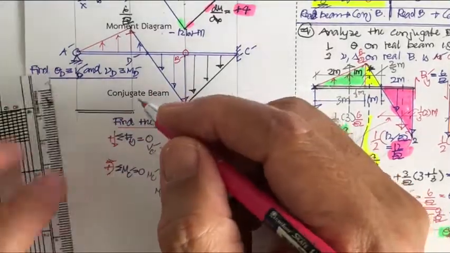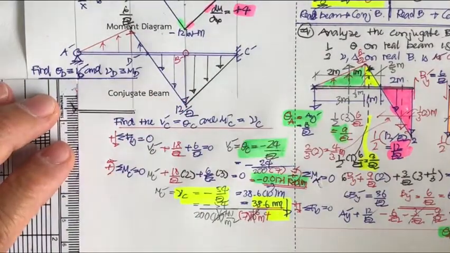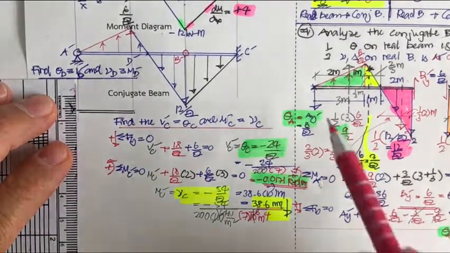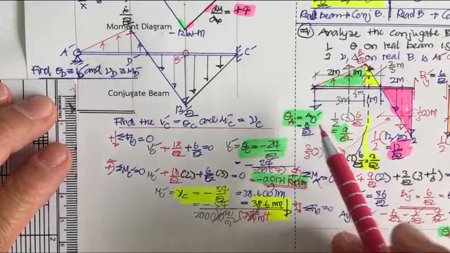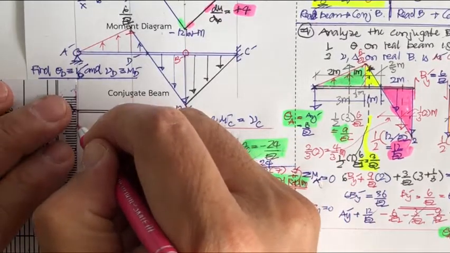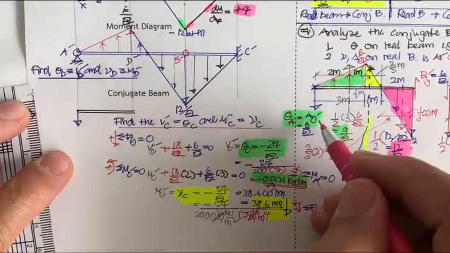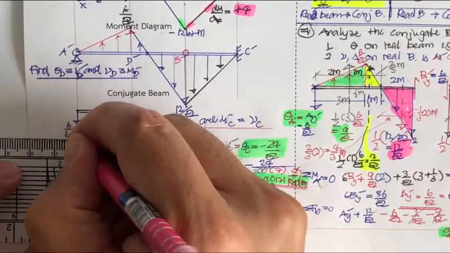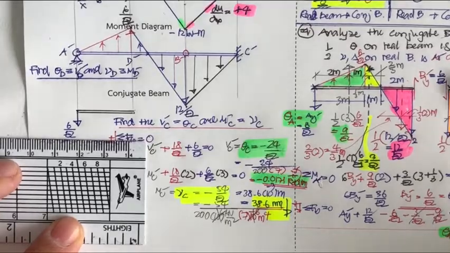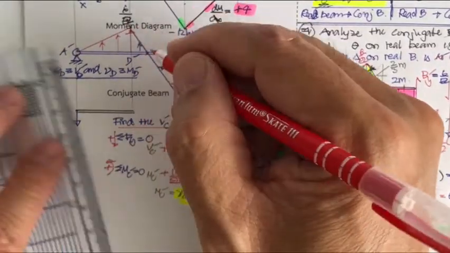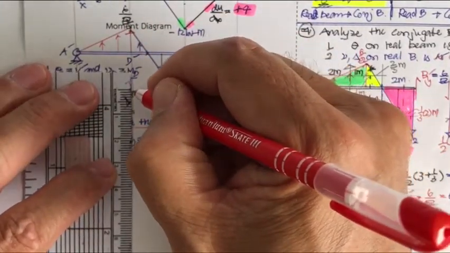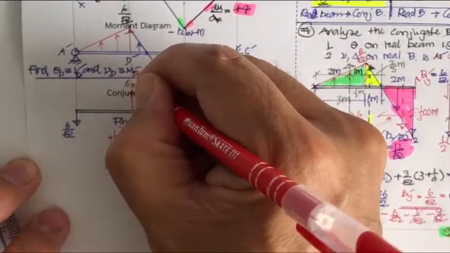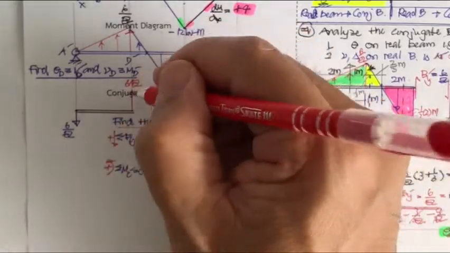Okay, and for this, what we have for the A prime is here. That means this one is downward, and it's going to be 6 over EI over here. And also we have this force, this one also 6 over EI.